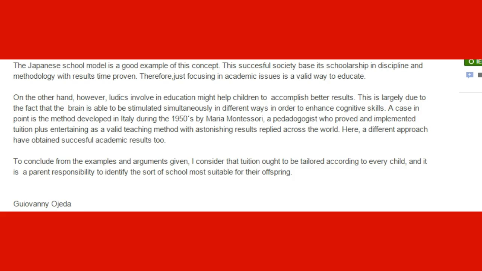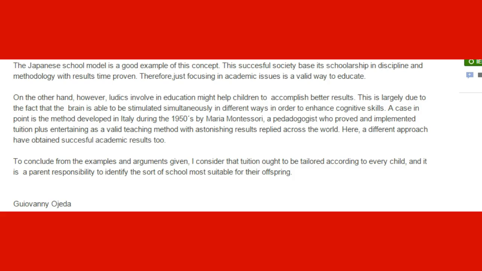duplicated across the world. Okay, with astonishing results, full stop, because we've got a long sentence there and we don't need across the world. You've already said astonishing and you've already said proved, and valid, so we've already demonstrated that it was successful. You don't have to add that extra bit.